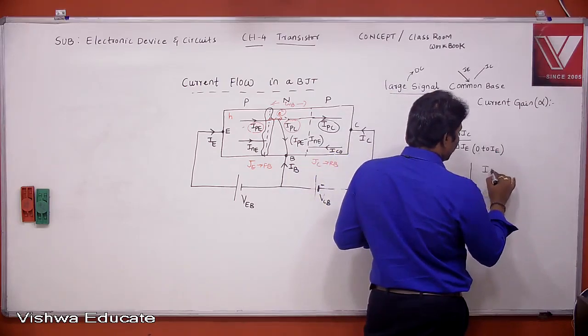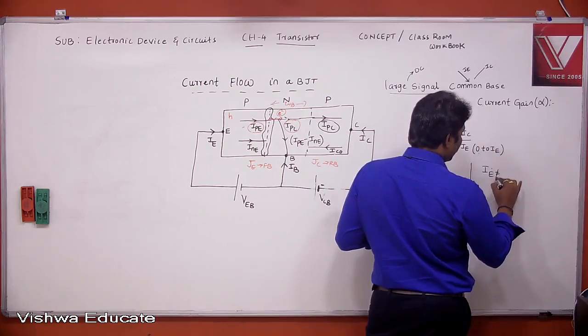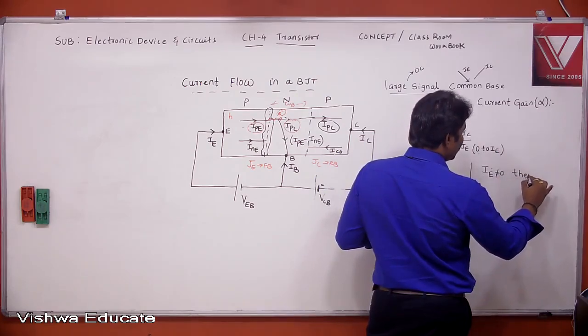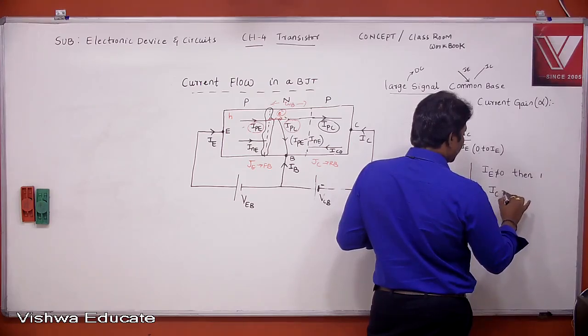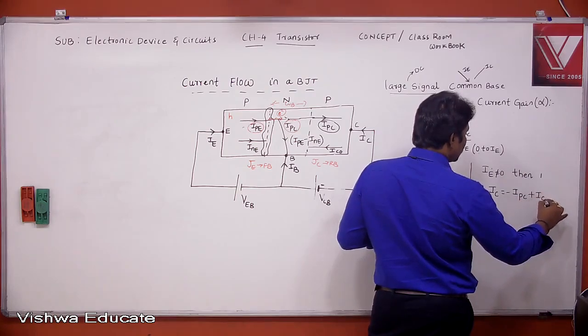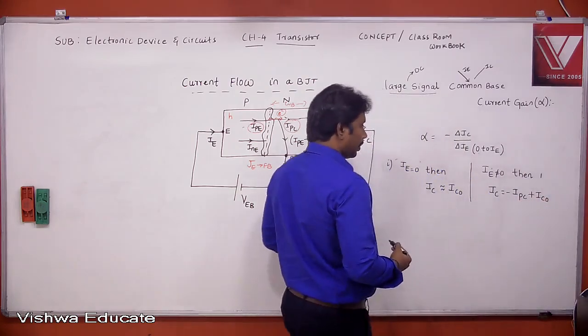Similarly, if the emitter current is not equal to 0, the collector current is minus I_pC plus I_C0.